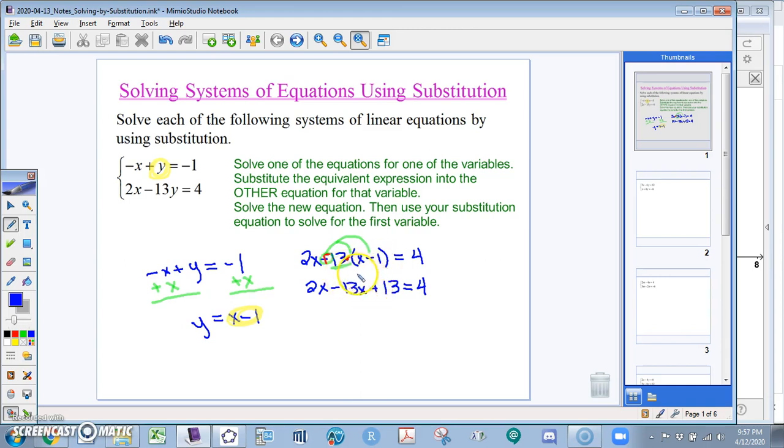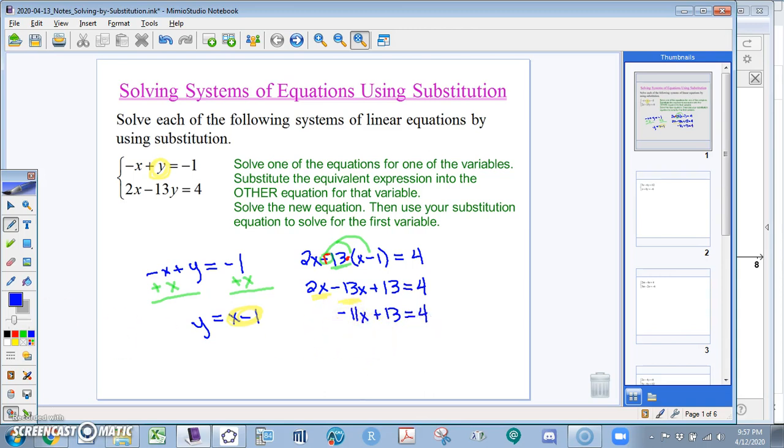That's almost always going to be your first step with this part of the process. Then you're going to combine like terms. I see that I've got a 2x and a minus 13x that are being subtracted, so those are like terms. It gives me negative 11x plus 13 is equal to 4.